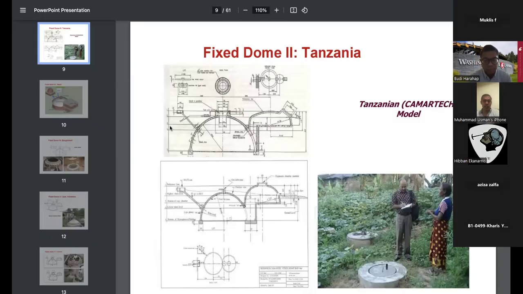In the Chinese biogas plant, there is a wall on which the arc sits, and this is called the dome. So this is more curved compared to the Chinese biogas plant. Next, please.